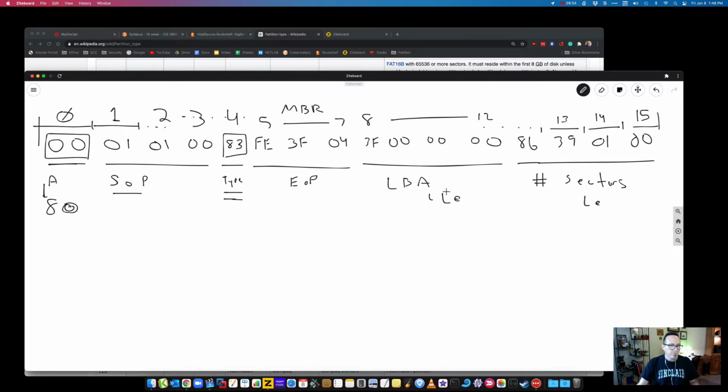So as we walk through this here, let's look at the start of a partition. This is going to break out into our drive, our cylinder, our sector, and so on. This is going to break out into basically our drive coordinates.